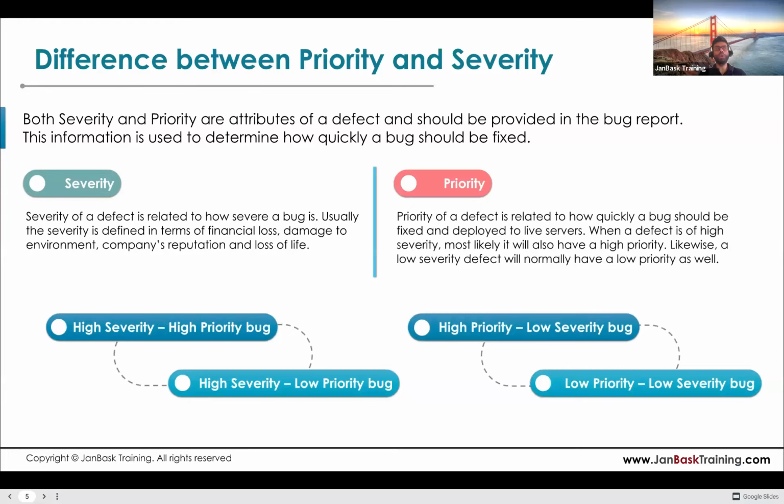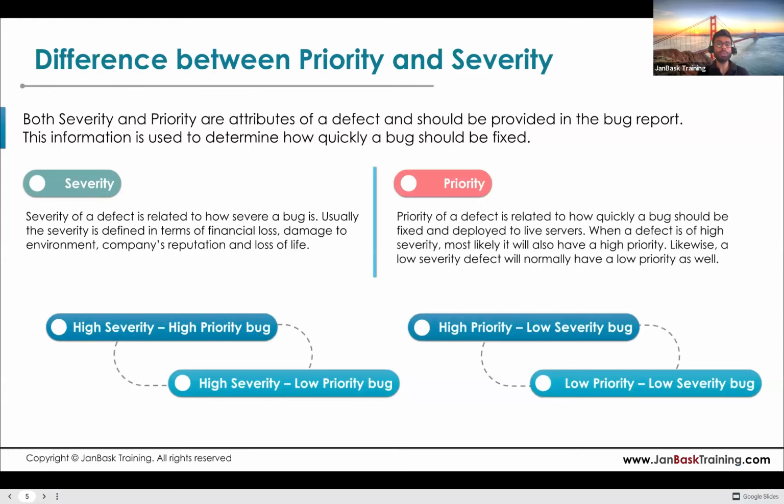When we talk about software, it has many aspects. In the education sector or the financial sector, normally software deals with finance. In banking or insurance, if the software has a major bug, it could lead to financial loss for the customers.